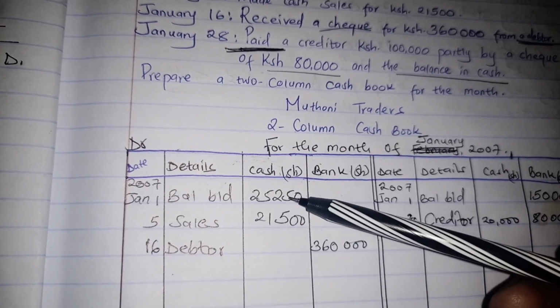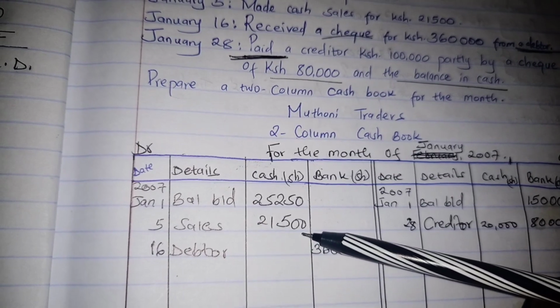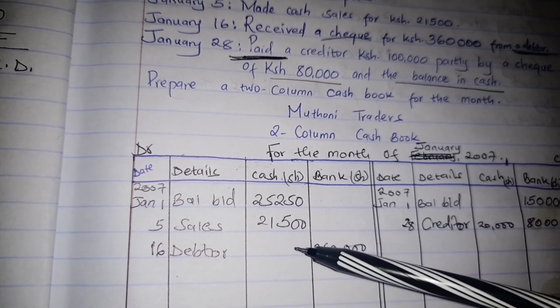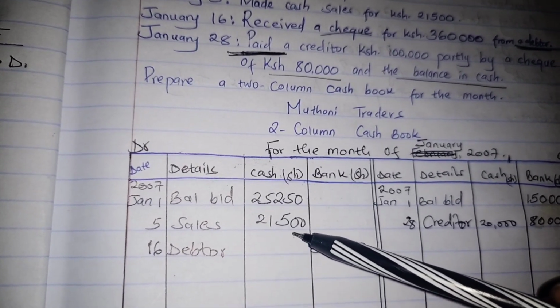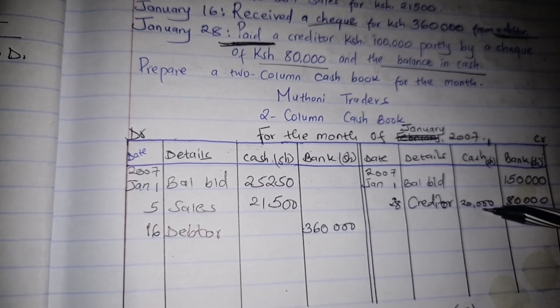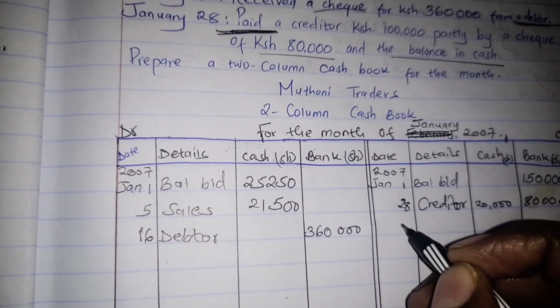So on the debit side, we have 25,250 plus 21,500. This gives us 46,750, and this is 20,000. Clearly, our balancing figure will be on the credit side.